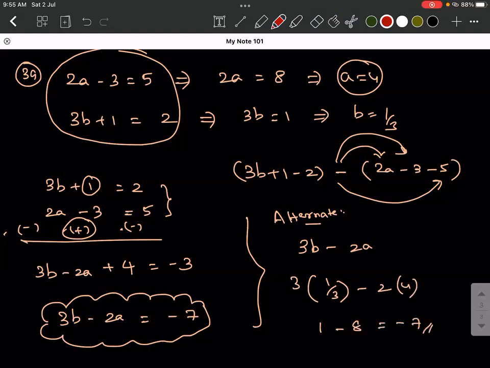You can do it like this also. It will give you the same answer. You should get it. So remember one thing, math does not depend on how you solve. For that variable, you will get only one value, however you solve. Methods are different, that's it. Those are all different techniques.